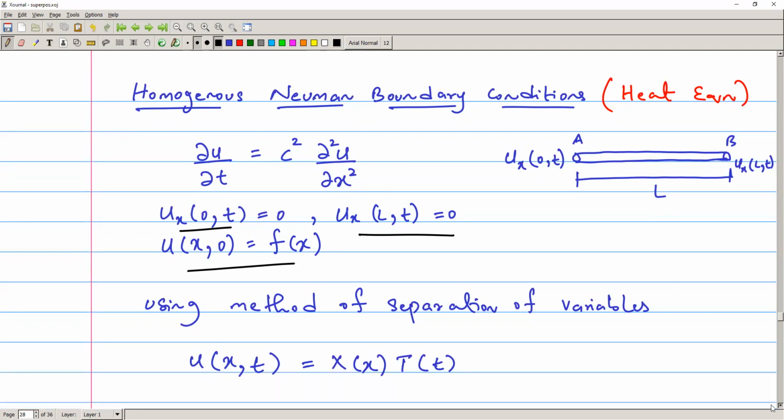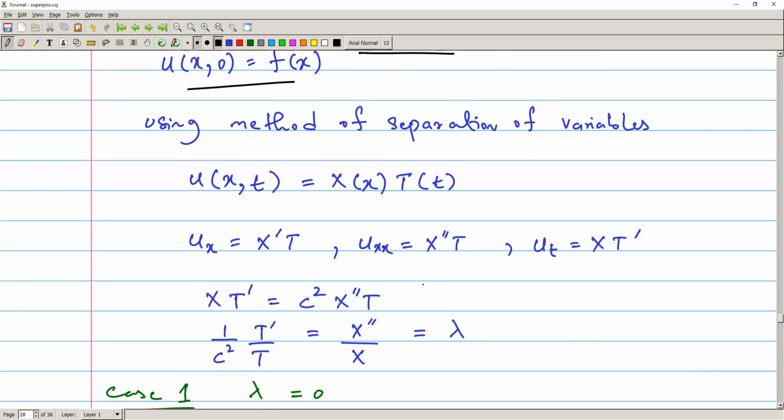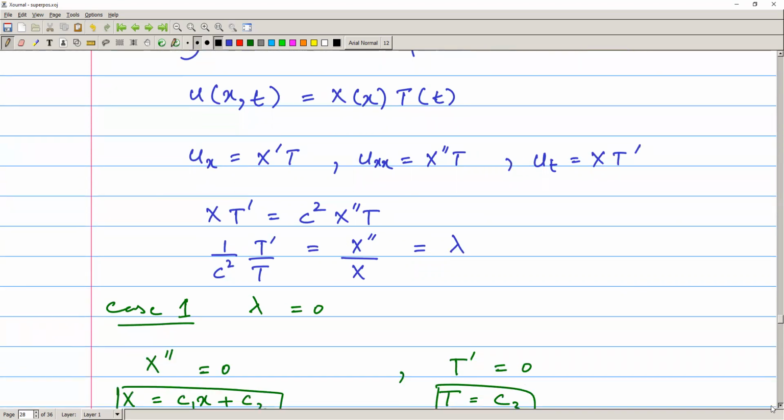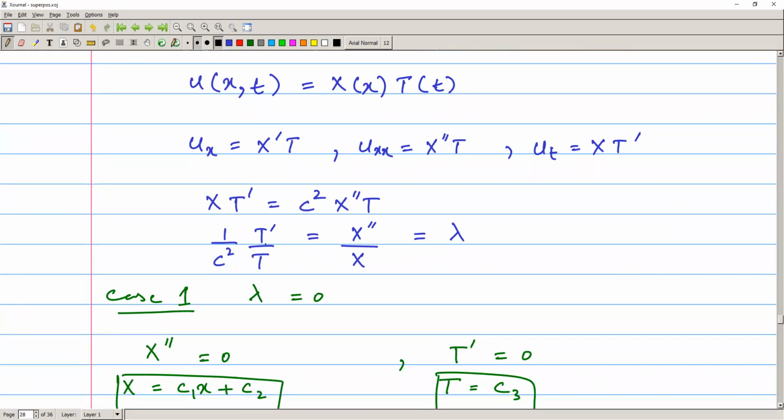So again, we will use the method of separation of variables for these homogeneous boundary conditions. We will apply three cases. We know about the cases when we separate the variables: the ratios are equal to some constant, and both ratios are independently equal to that constant.